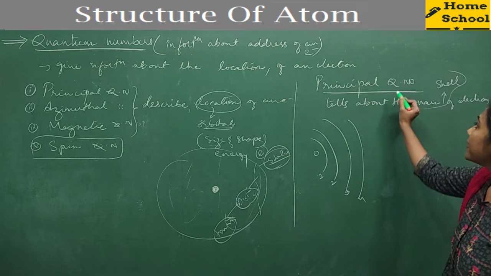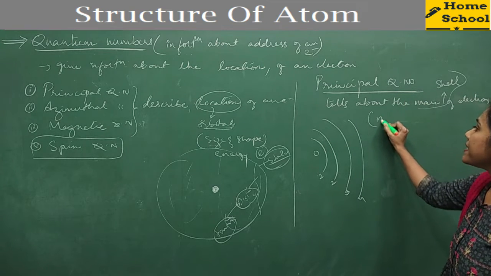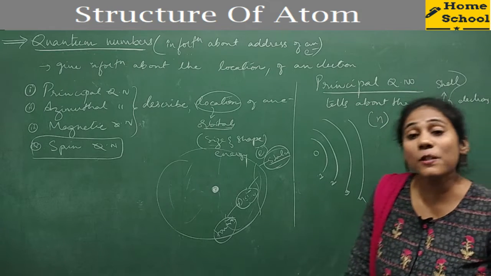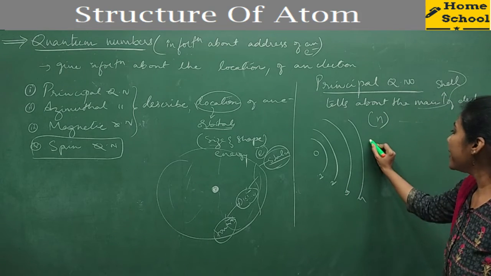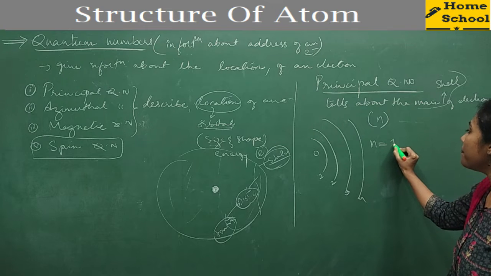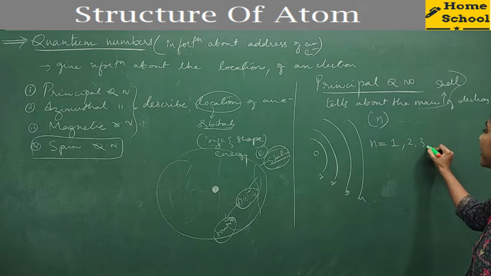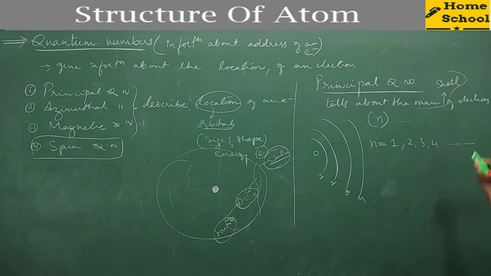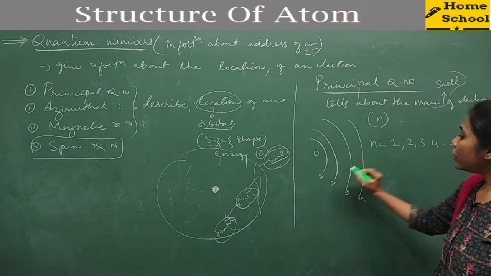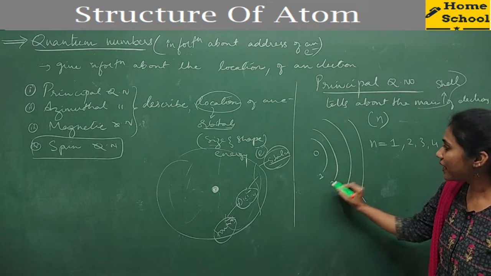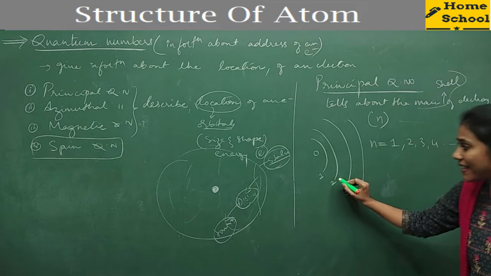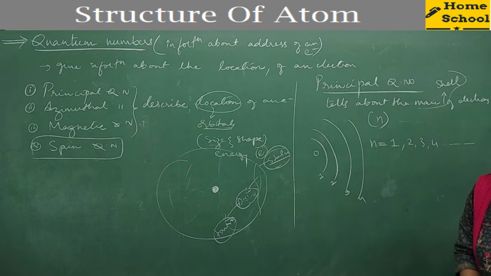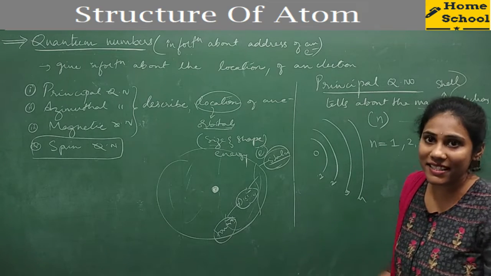So the principal quantum number is indicated with the letter small n. n can have values 1, 2, 3, 4 and so on. So n equal to 1 means what? First shell. n equal to 2 means second shell, that is the second state. n equal to 3 means what? Third shell or third state.